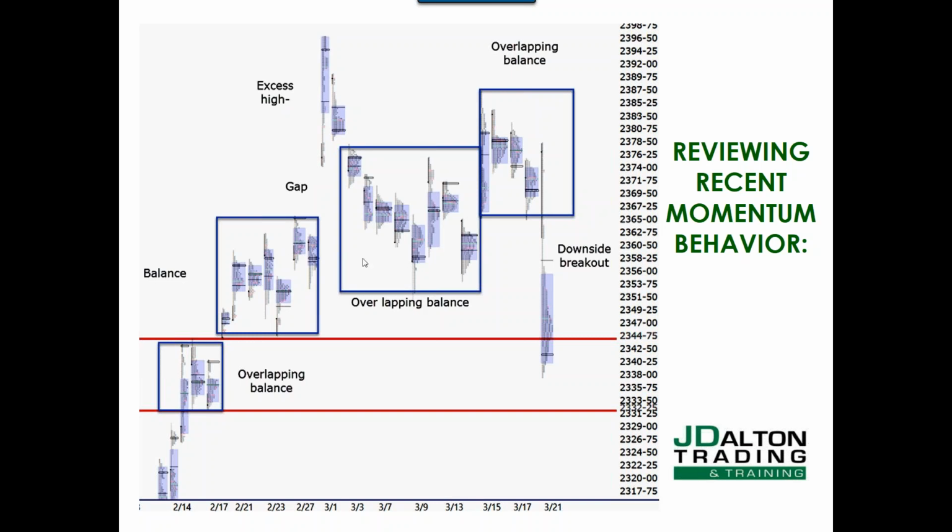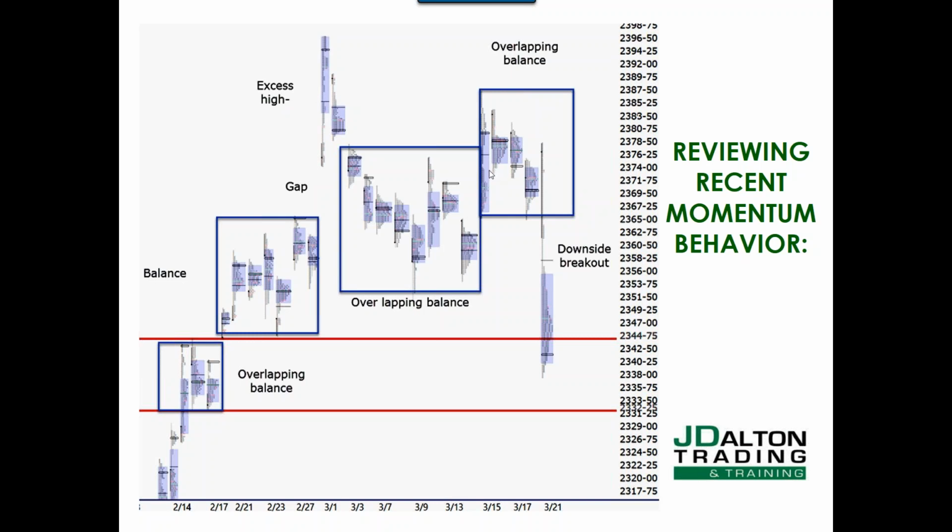When we start to see these congestion areas, where there's backing and filling taking place, overlapping the previous area, that is usually an indication that the market is getting very tired. It doesn't roll over immediately. It's a process by which it rolls over, but once you start to learn that process, it becomes much easier to position yourself for short-term trades.